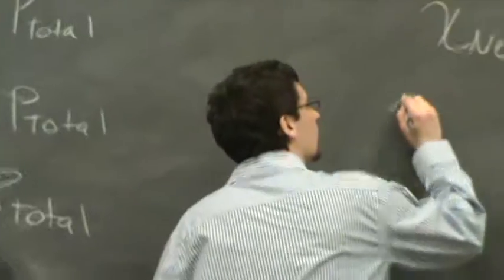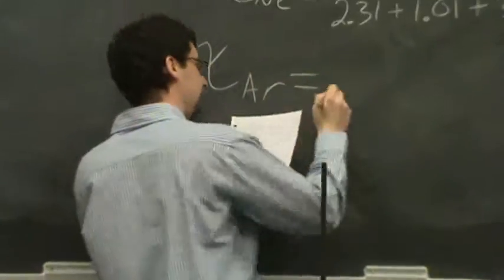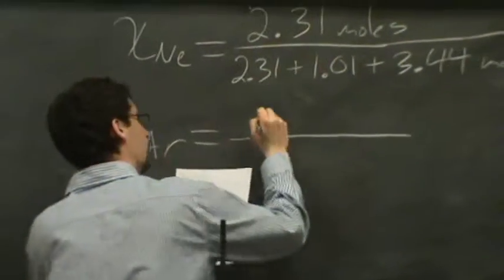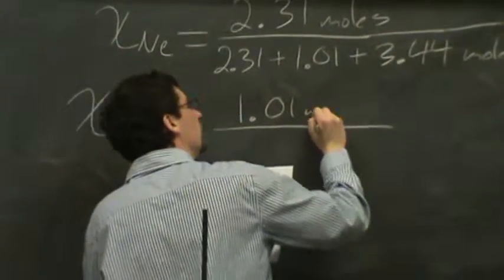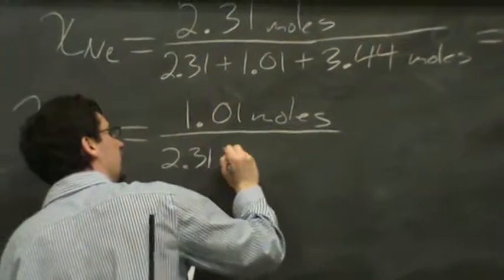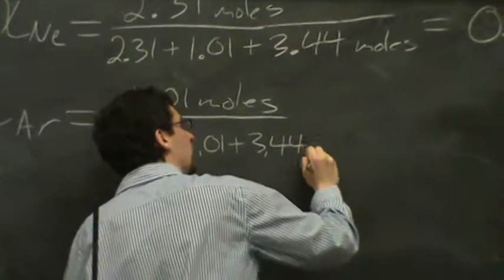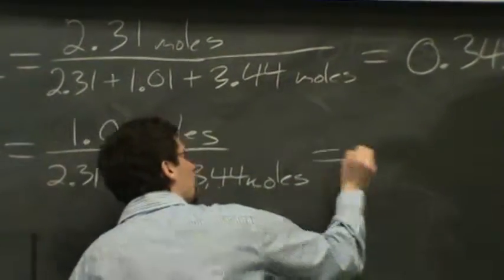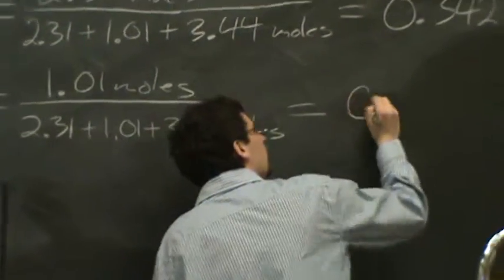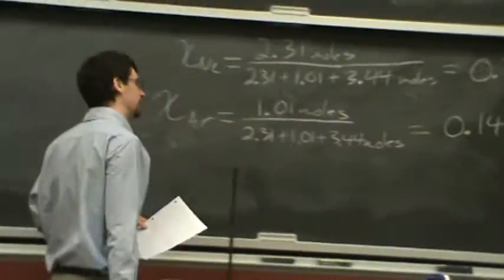Okay. Let's do the same thing for argon. 1.01 moles over that sum, 2.31 plus 1.01 plus 3.44 moles. When you manipulate that out, I end up getting 0.149. Again, no units there.